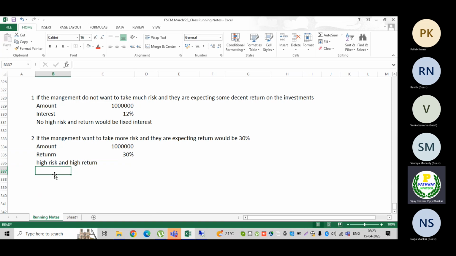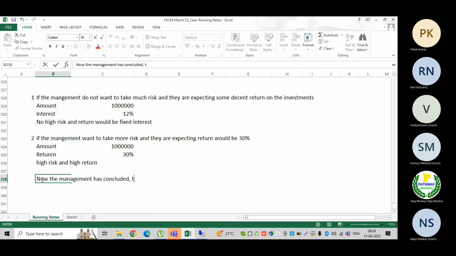Now let us assume the management has concluded they want to go with money market instruments.